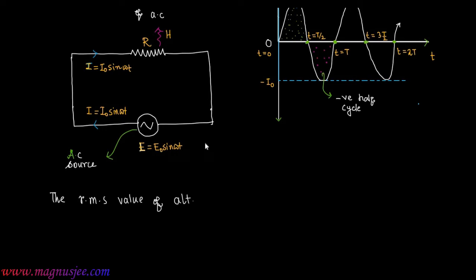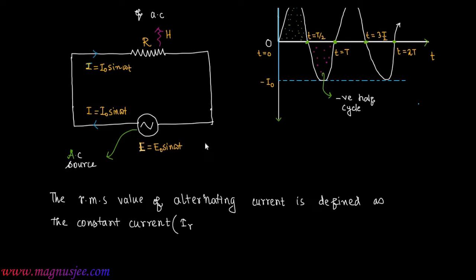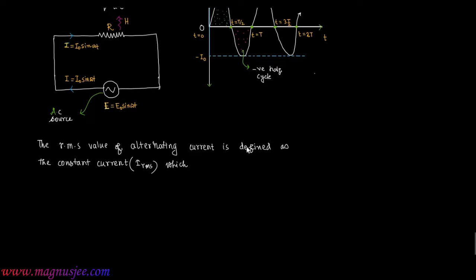Now, what should be the definition of the RMS value of current? The RMS value of alternating current is defined as the constant current, I RMS.